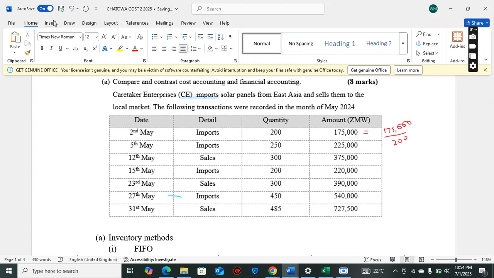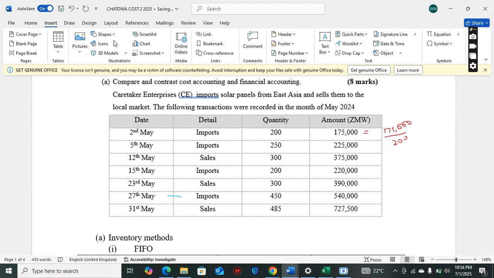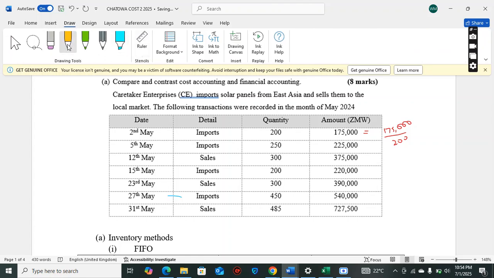We're just going to add here 375,000 plus 390,000 plus 727,500. Okay. So let's add them.